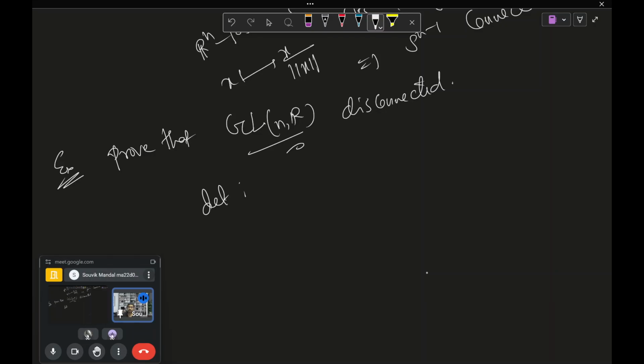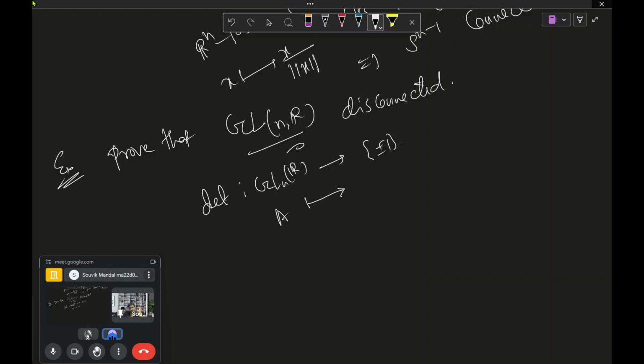So take the determinant function, anyway it is continuous. But why would the determinant of any n by n matrix whose determinant is non-zero only map to plus minus 1? This is the set of non-singular matrices, right?